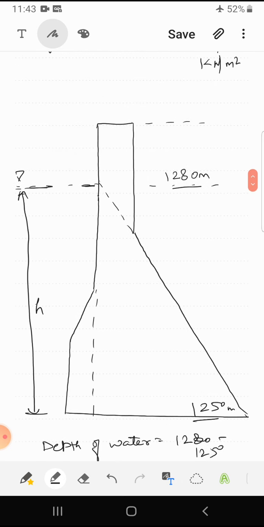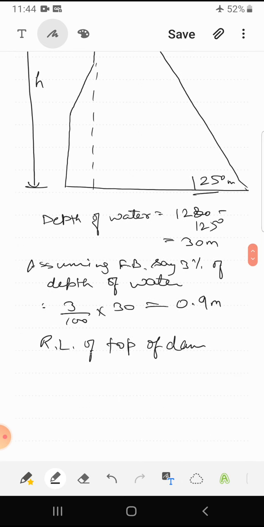Now RL of top of dam. RL of HFL is 1280 meters, and this is the freeboard which is 0.9 meter. Now the RL of top of dam will be 1280 plus 0.9, which equals 1280.9 meters.